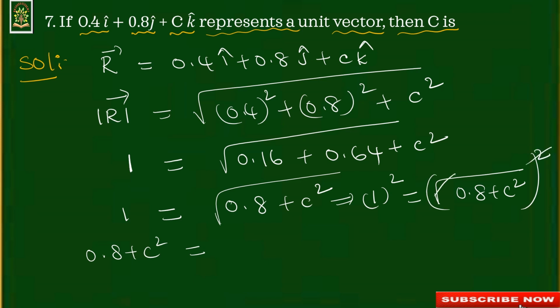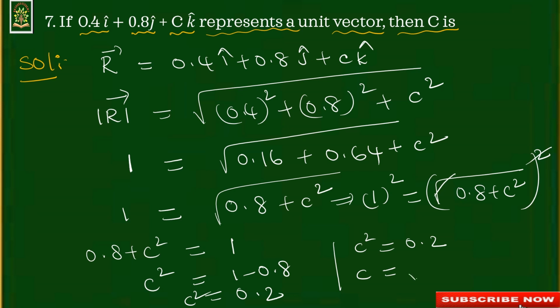The square root will cancel, then 0.8 plus c square is equal to 1. c square is equal to 1 minus 0.8, that is equal to 0.2. c square is equal to 0.2 and c is equal to root 0.2. This value is 0.44. This is the final answer. c is equal to 0.44. Okay.